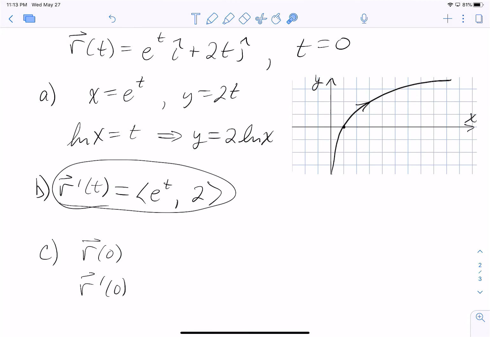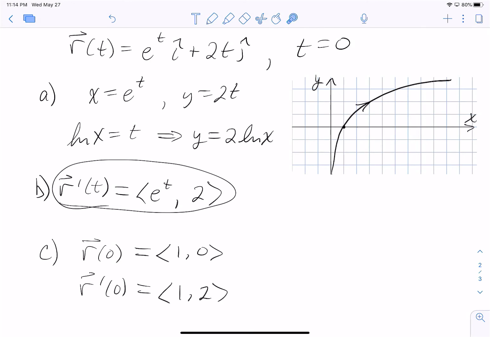For r of 0, we've got e to the 0 and then 2 times 0. So this is going to be the vector <1, 0>. For r prime of 0, we've got e to the 0 and then 2. So r prime of 0 is equal to <1, 2>.